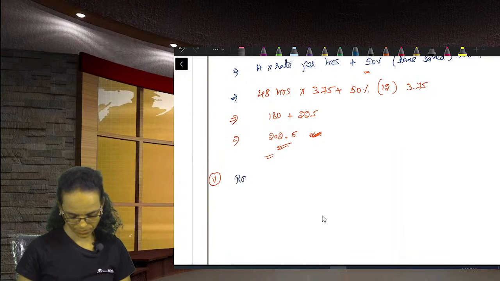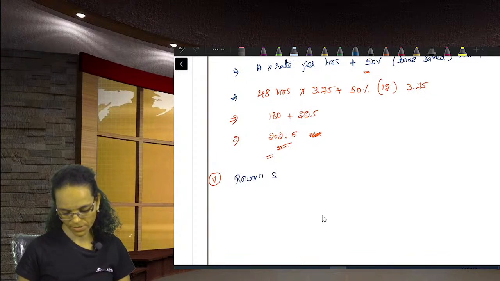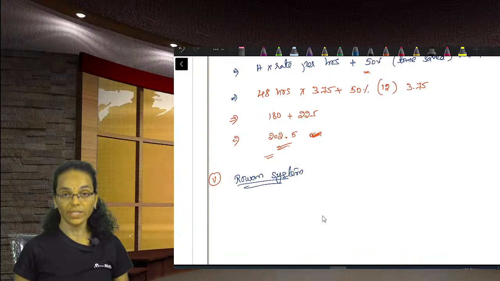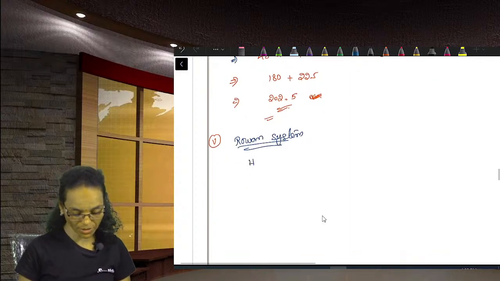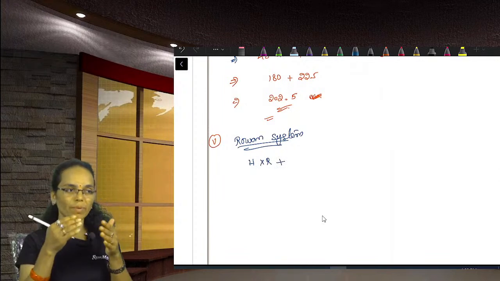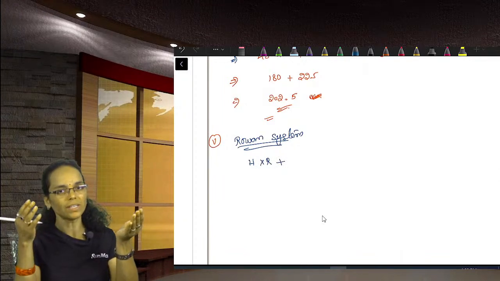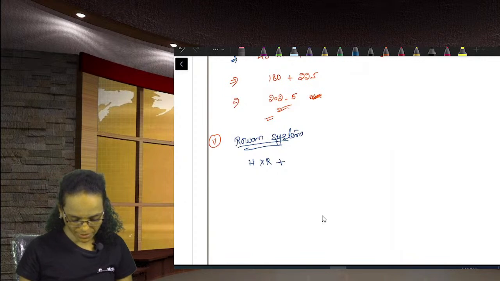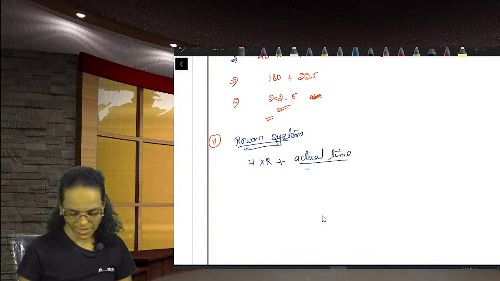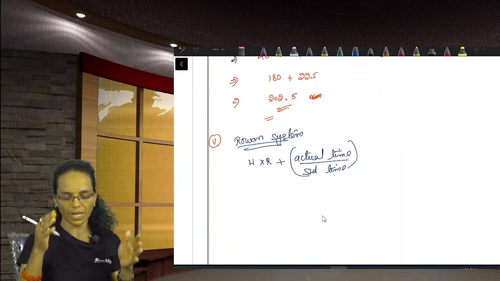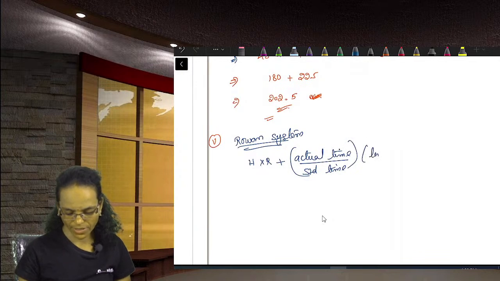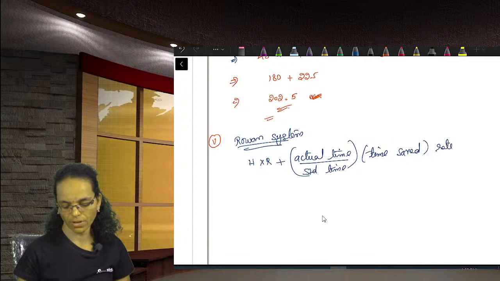Rowan system. This one we have discussed already. Number of hours worked into rate per hour. Here, the proportionate basis: what is the time allowed and what is the time taken? So actual time taken, when standard time is given, means proportionate to standard time and actual time into the time saved into rate per hour.